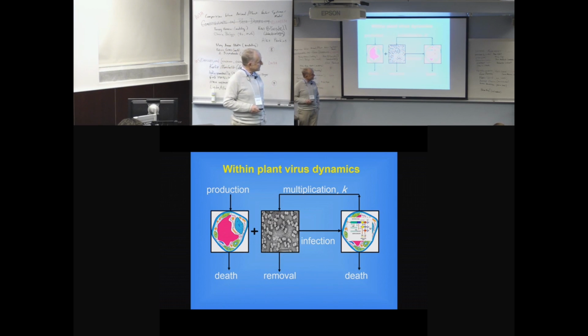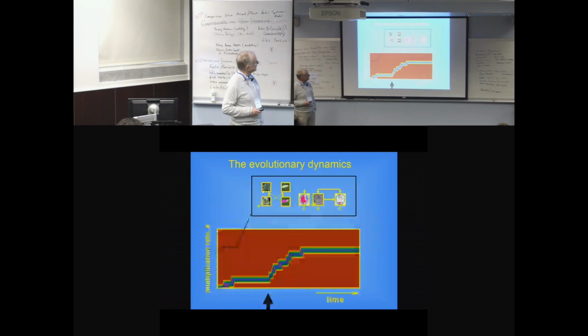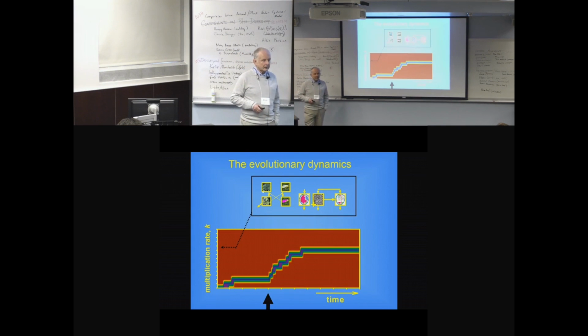So we constructed the models together, and we considered the situation that if you have a resident virus, maybe the wild type, and then you introduce a new form of resistance at some point in time, what would be the effect, in this case, on the virus multiplication rate?